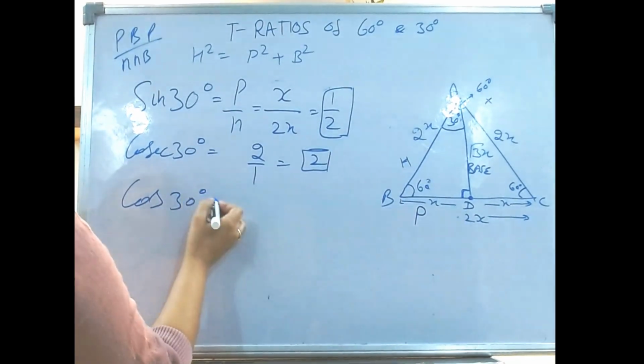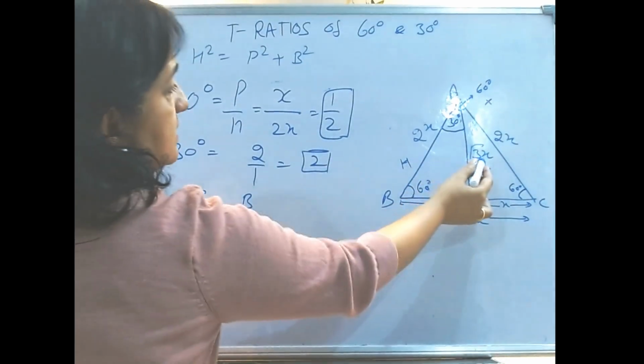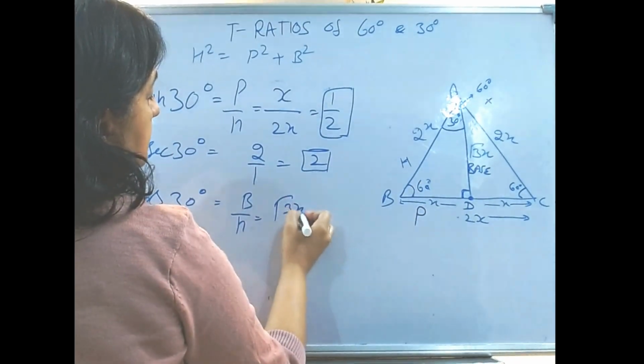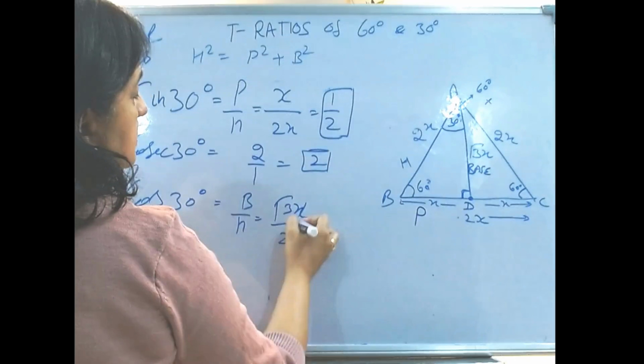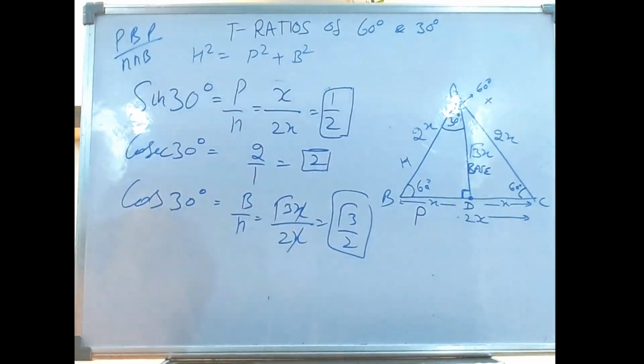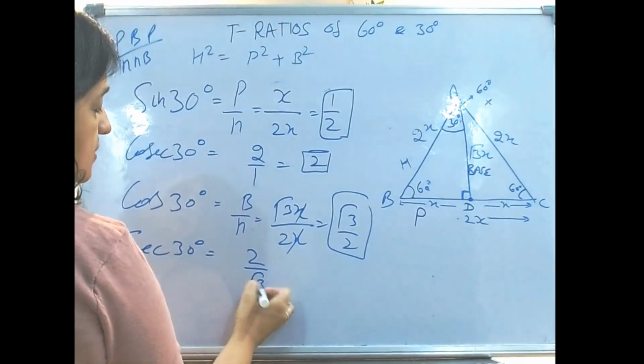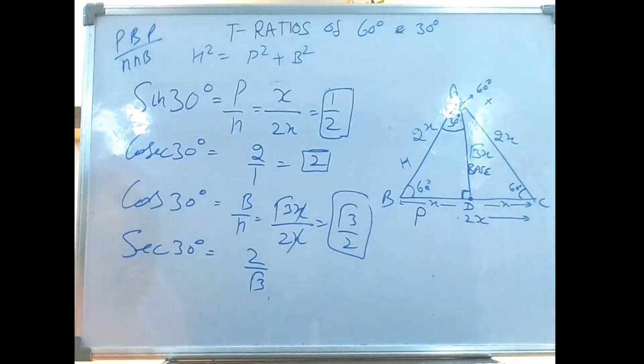Cos 30 degrees, base by hypotenuse, base is root 3x, hypotenuse is 2x, so root 3 by 2. Sec 30 degrees, 2 by root 3, reciprocal of cos 30.